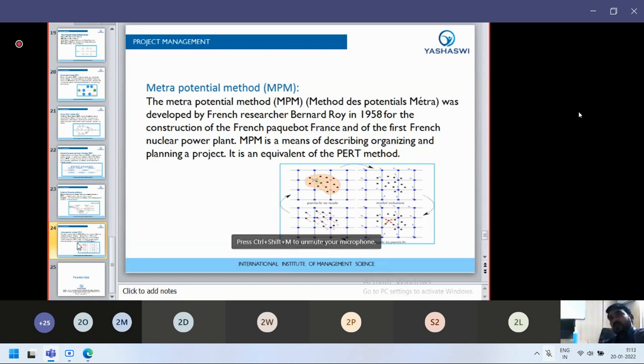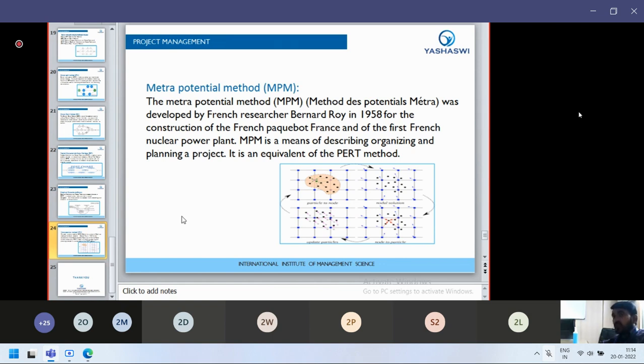What is meant by the Metra Potential Method? The Metra Potential Method, MPM, was developed by French researcher Bernard Roy in 1958 for the construction of the French paquebot France and of the first French nuclear power plant. MPM is a means of describing, organizing and planning a project.